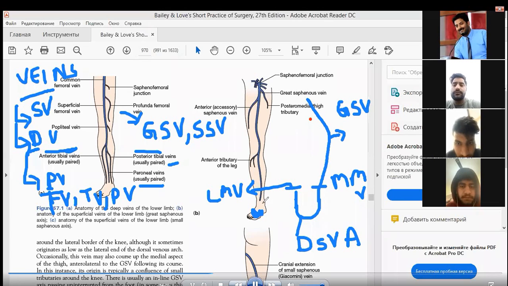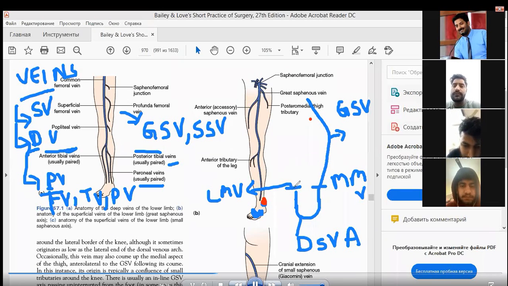Here you have a structure known as the medial malleolus, and anterior to it your great saphenous vein is passing. So it is present on the medial side.